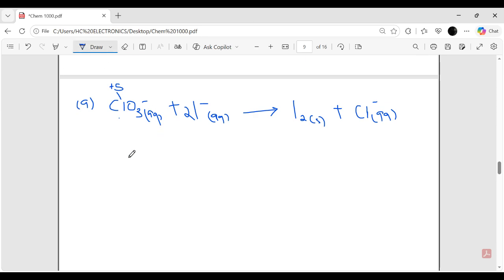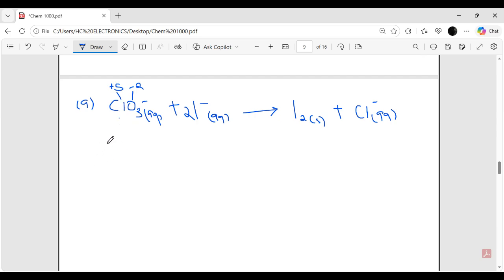Here it was +5, then here it has become -1. What has happened? Is it oxidation or reduction? Reduction. Yes, so it has reduced.